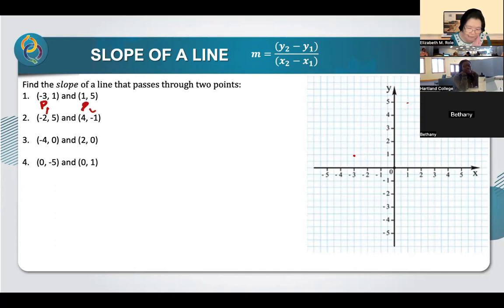Actually, it doesn't matter as long as you are consistent with the subtraction. But always put point 1, point 2. Okay? So our slope is denoted as m.